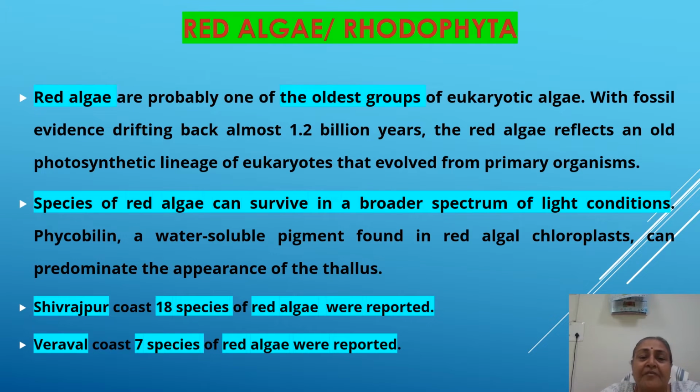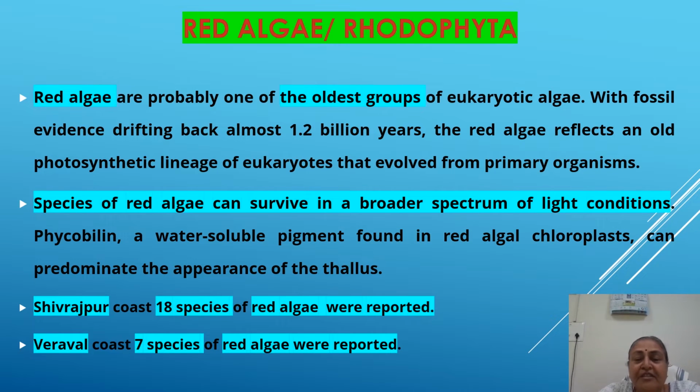Then friends, the third one is our members of the red algal group, belonging to the Rhodophyta. These red algae are probably one of the oldest groups of eukaryotic algae, with fossil evidence dating back almost 1.2 billion years. The red algae reflect an old photosynthetic lineage of eukaryotes that evolved from the primary organism.